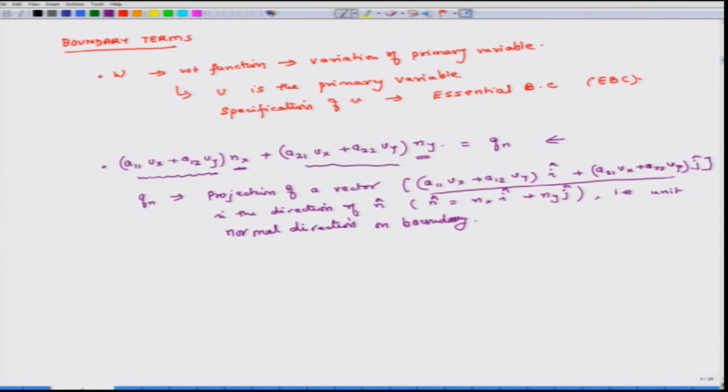So, qn is the secondary variable, and specification of qn implies that I am specifying natural boundary condition.